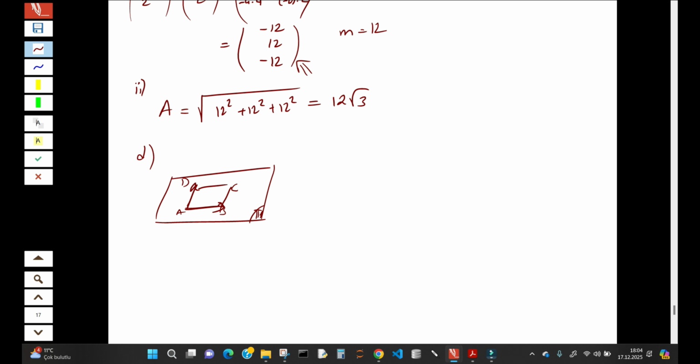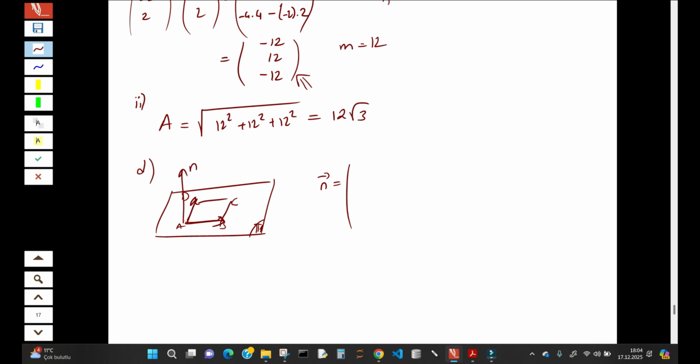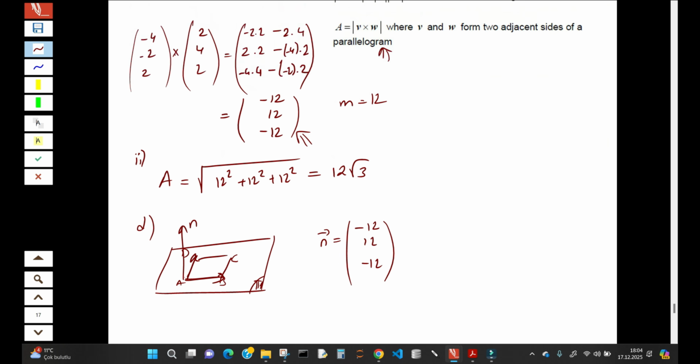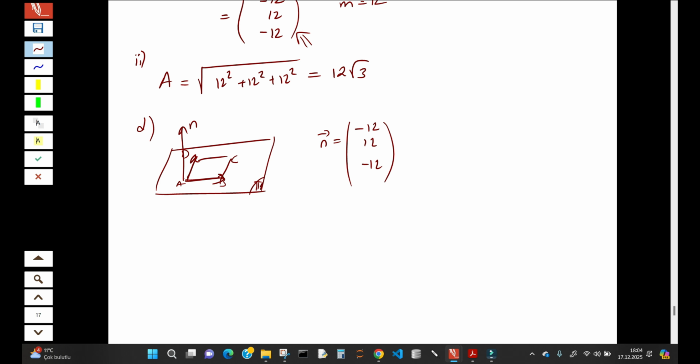This cross product gives us the vector perpendicular to these two vectors, which is the normal of this plane, right? So the normal of this plane is the vector that we found here: minus 12, 12, and minus 12.